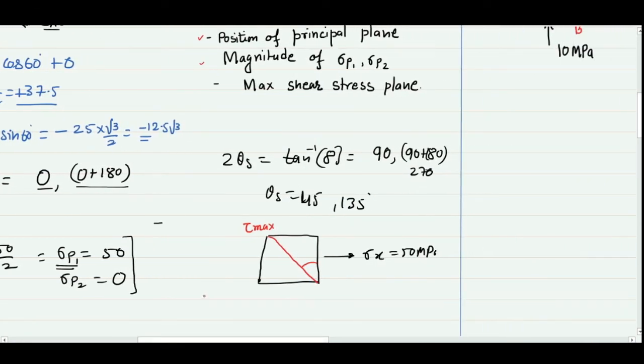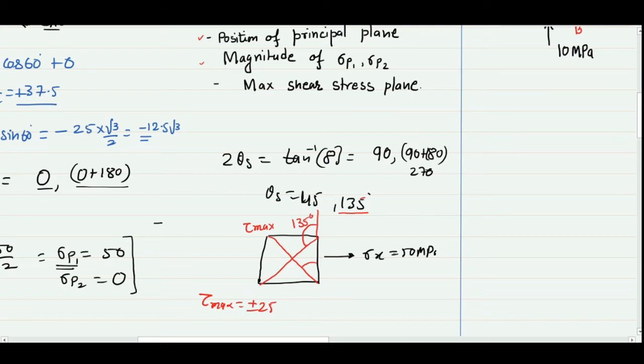So the magnitude of tau max is plus minus 25, and the second maximum shear stress plane is at an angle of 135 degree. Whenever we have a plane which is more than 90 degree, what will we do? We consider this line and measure the angle from here. So this is 90 plus 45 degrees, so I will get this 135 degree, and this would be my other maximum shear stress plane.